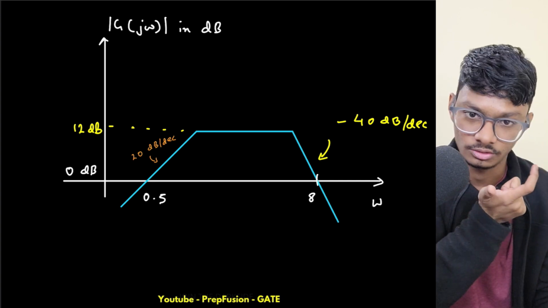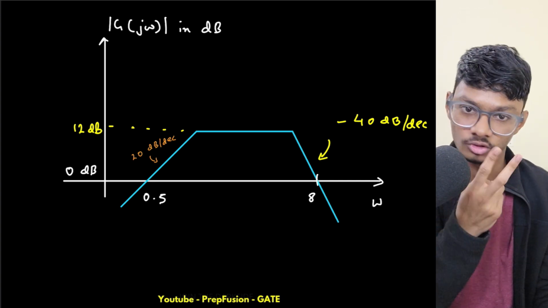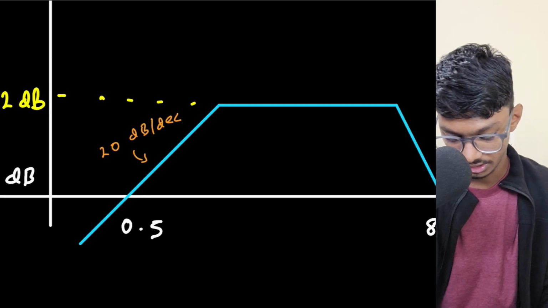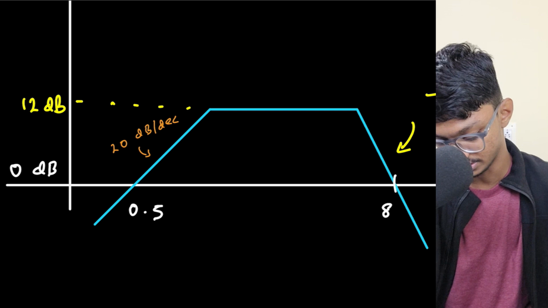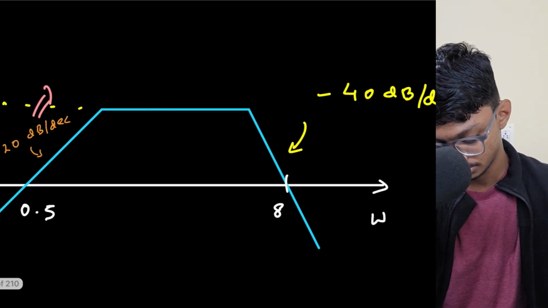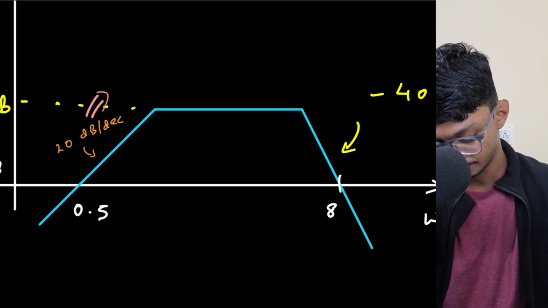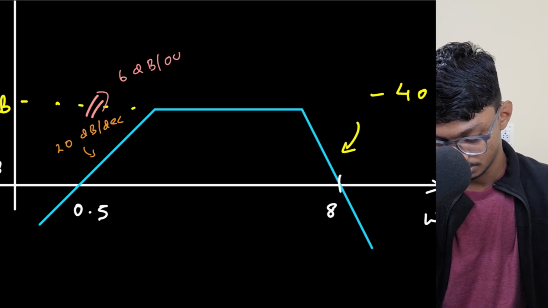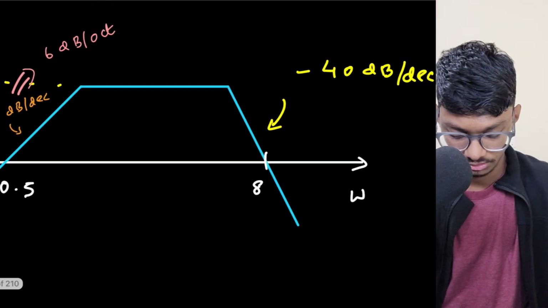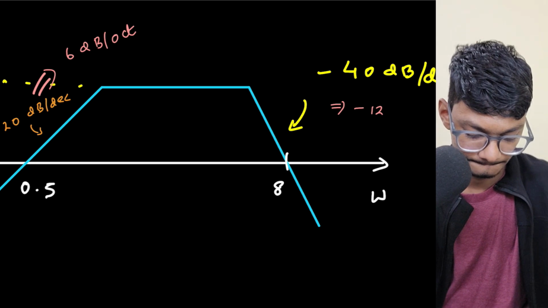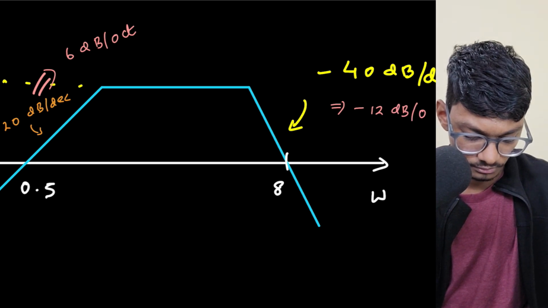In simple decade scale also you can do this. We'll solve using both scales, but first I will solve it using the octave scale. So here I will convert this 20 dB per decade to octave scale, as I am observing that my magnitude is a multiple of 6. So this becomes 6 dB per octave, and this becomes minus 12 dB per octave.